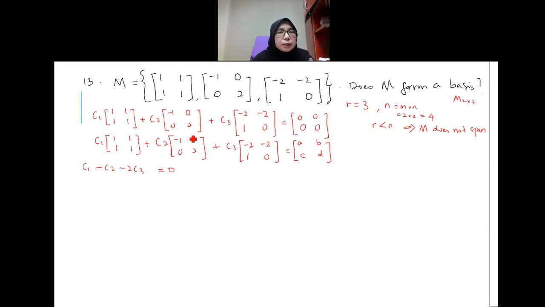Then the second entry: C1, this is 0 so leave it blank, minus 2C3 equals 0. Next, C1 also 0, leave blank, plus C3 equals 0. Next, we got here 2C2, but C3 is 0, so leave it blank.